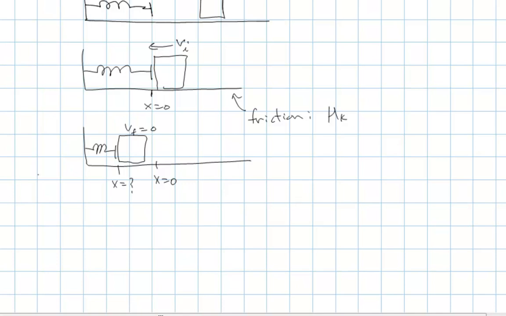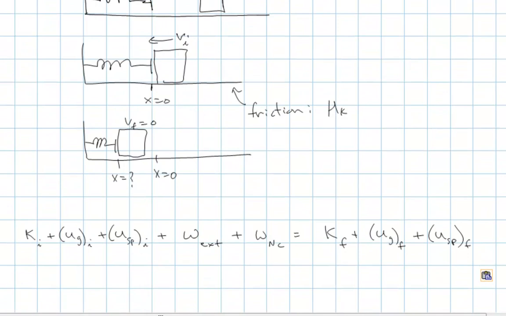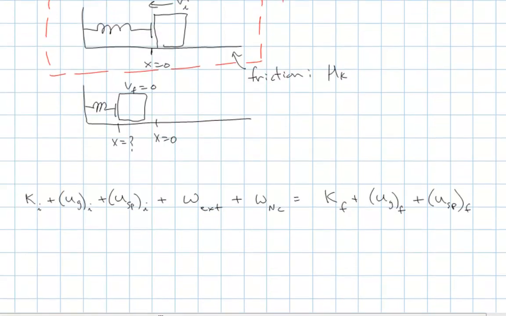Let's start with our equation and let's see what we've got. How are we going to define our system? I say let's include the spring in our system. I like that. So our system is going to include everything, the Earth and the block and the spring. Do we have initial kinetic energy? Absolutely. The block is moving with speed v initial, so that's 1/2 m v initial squared.